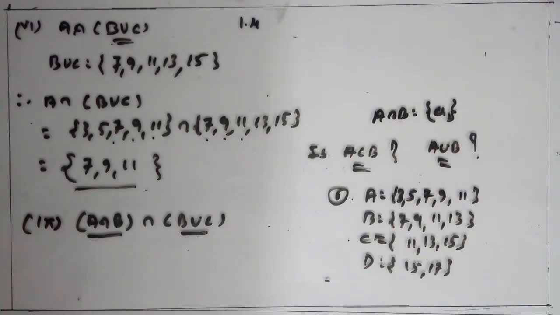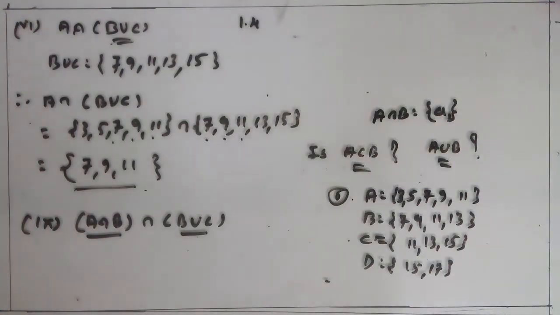Now question number 8, same. Which of the following pairs of sets are disjoint? Disjoint, remember this. Which sets are said to be disjoint? We know that if the intersection of any two sets is equal to the null set, then these two sets are said to be disjoint.